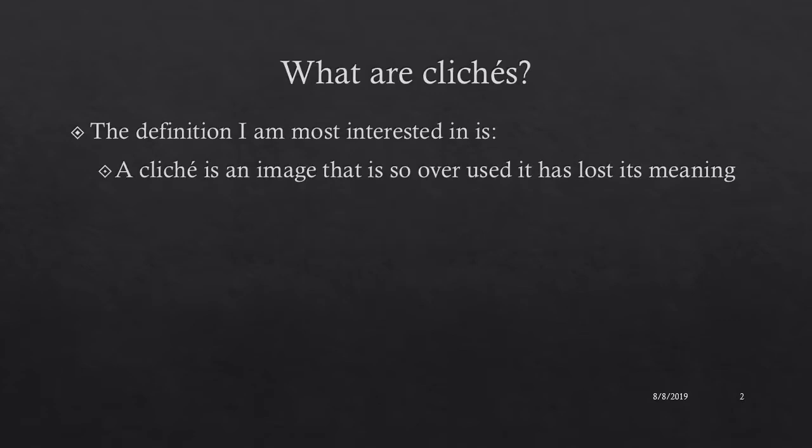So, what are clichés? Well, the definition I'm most interested in is a cliché is an image that is so overused it has lost its meaning.